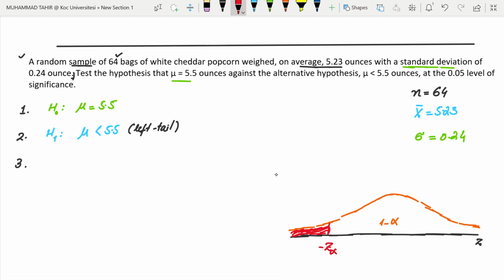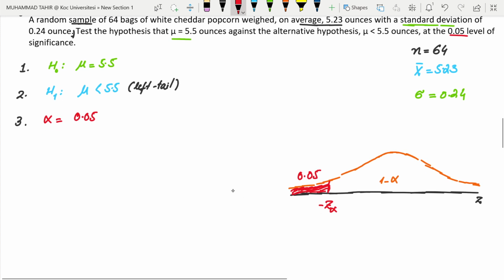The alpha, the level of significance in the question, is 0.05. Remember, this is just to remind you that alpha is the probability of rejecting H0.